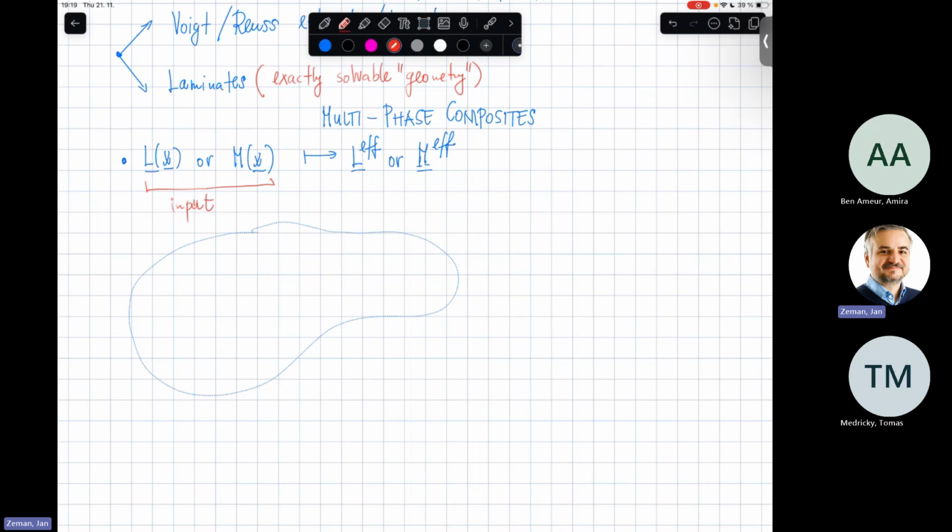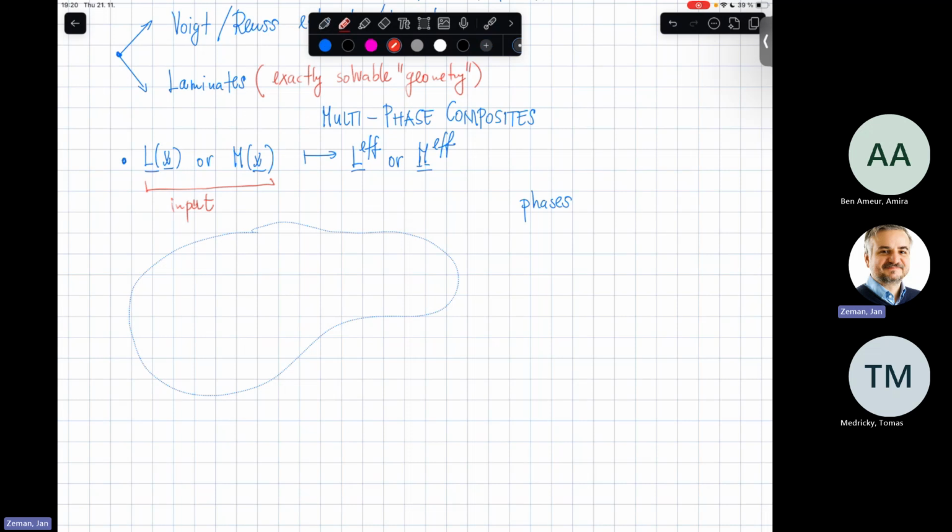You assume that you have certain phases, so you can separate your material into different components. I used this terminology in the example which I started with, but this was a while ago.